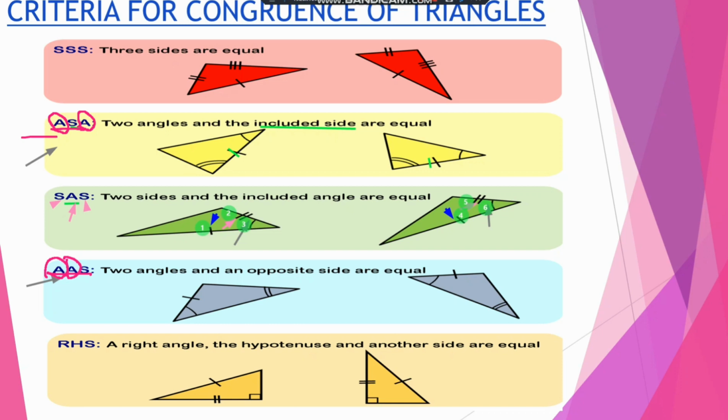And in the second one, angle, angle, and then side. That is why I said this is an extension of the other property. It's not the included side as it was in the previous case. Here it is the included side, but here it is not. The side is outside.